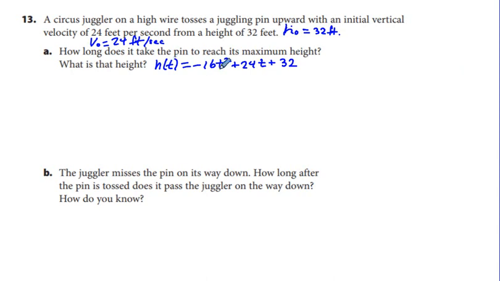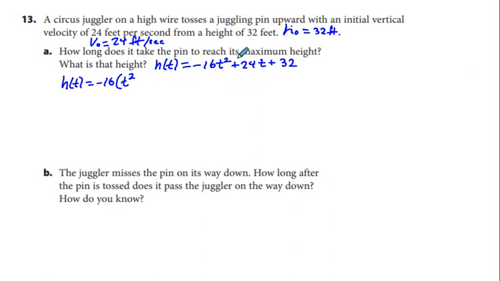And we're going to convert this standard form equation into vertex form, as follows. We have h of t is going to be equal to negative 16, and then negative 16 times what equals negative 16 t squared? Well, that's going to be t squared.